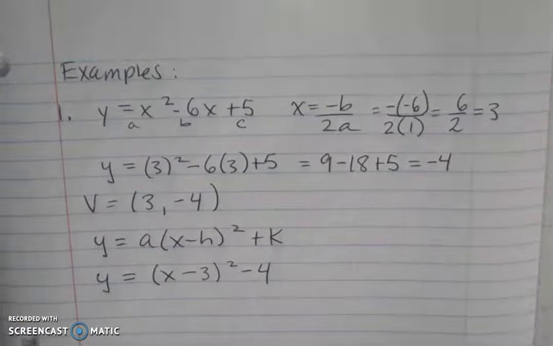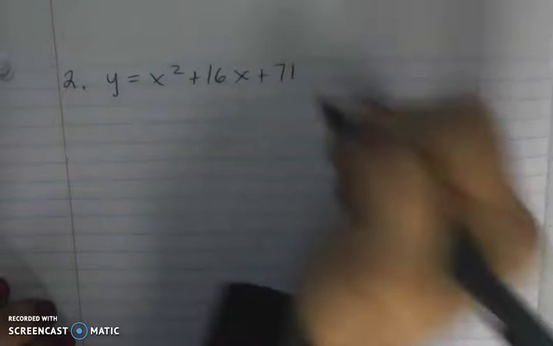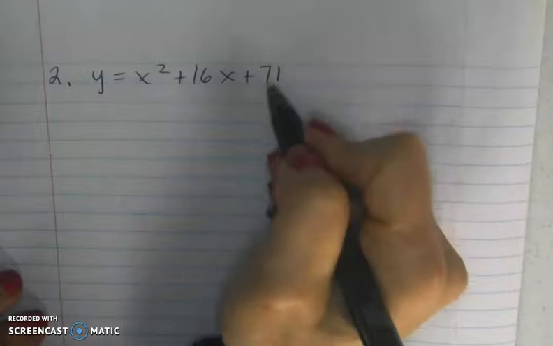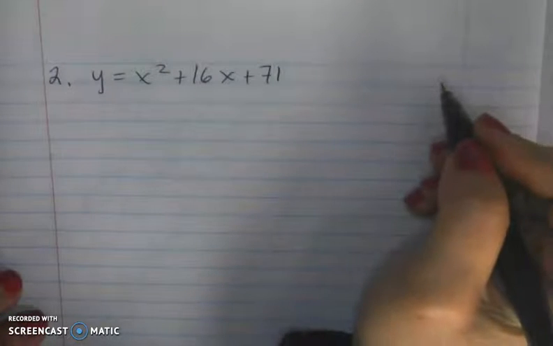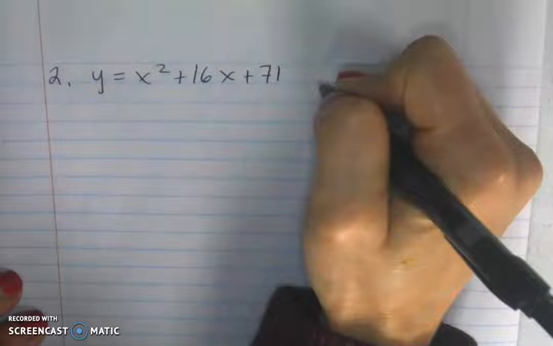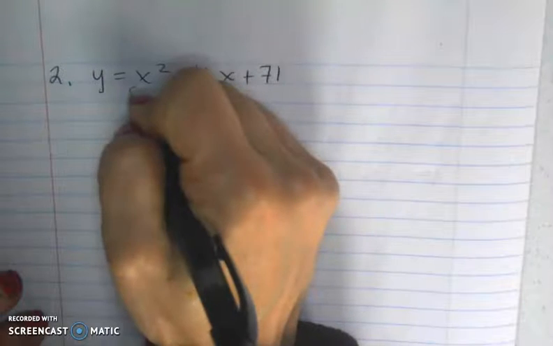Let's do another example. Y equals x squared plus 16x plus 71. First step, vertex formula. Vertex formula is negative b over 2a.